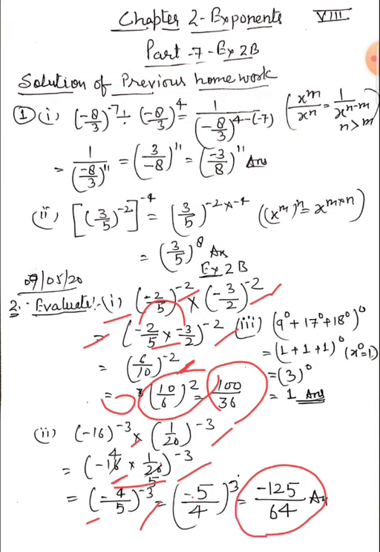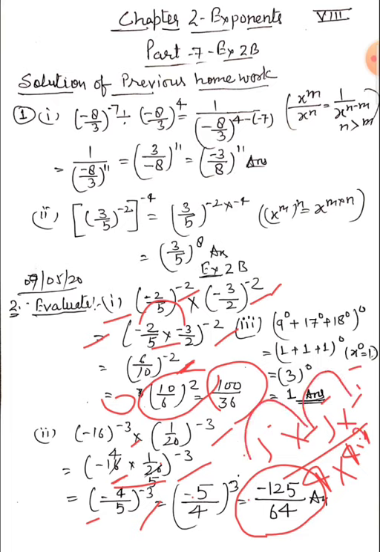Minus 5 upon 4 raised to power 3 means minus 5 upon 4 multiplied 3 times: minus 5 multiplied by minus 5 multiplied by minus 5 upon 4 multiplied by 4 multiplied by 4. So minus minus is plus, plus minus is minus, then 5 fives are 25 and 25 fives are 125, then minus 125 upon 64. How? Because 4 fours are 16 and 16 fours are 64. So this is the second question.